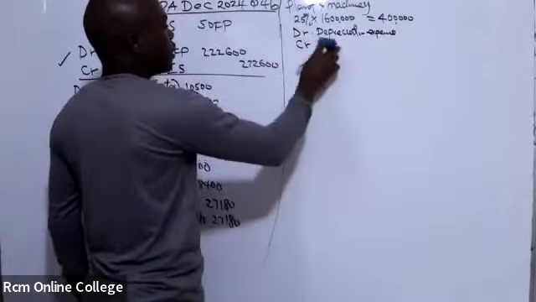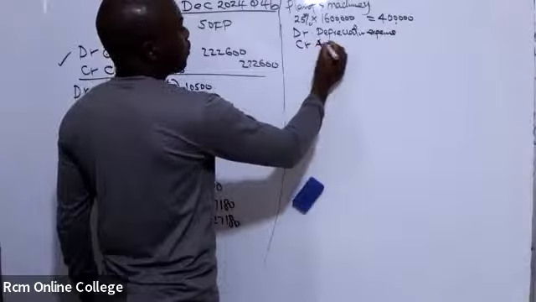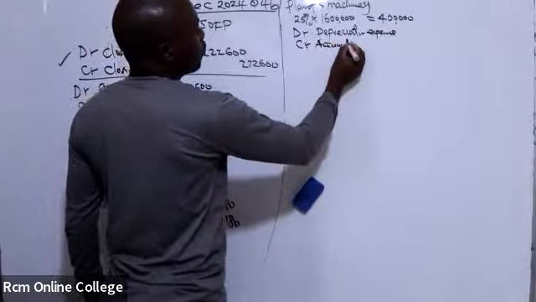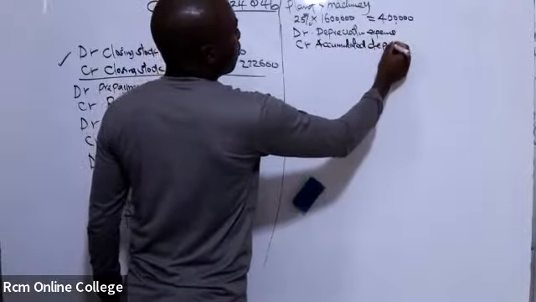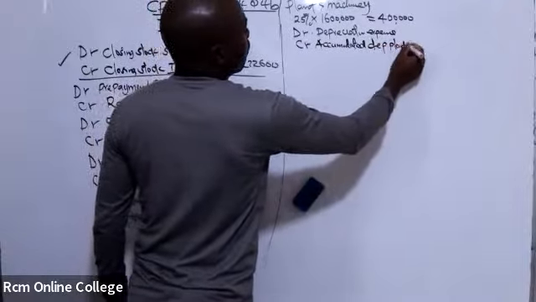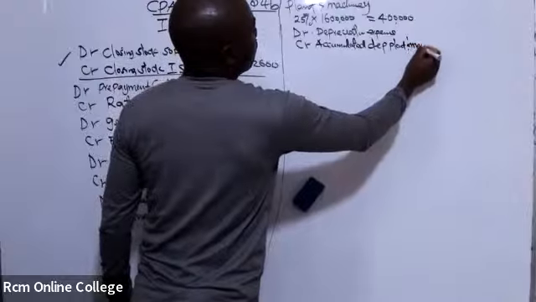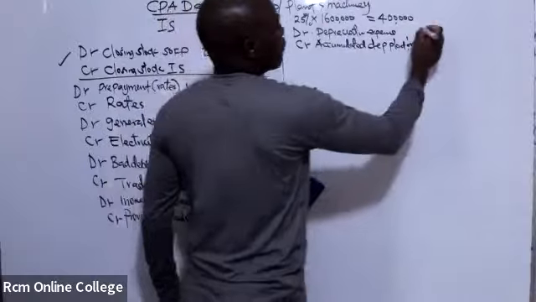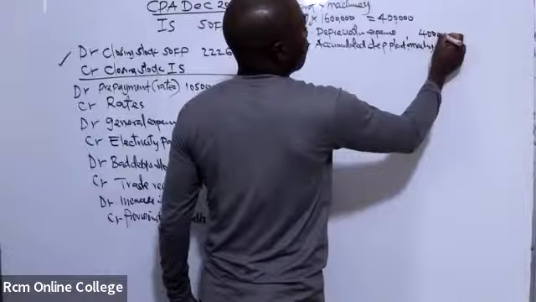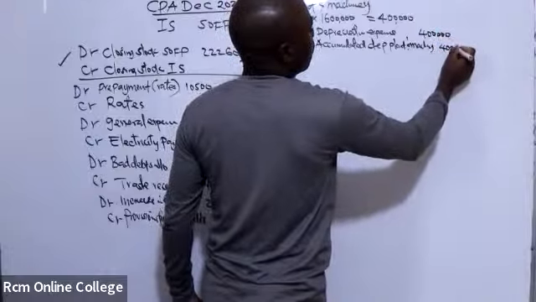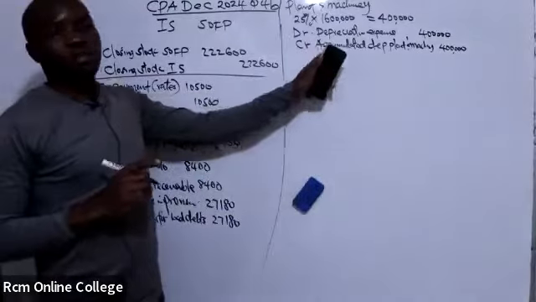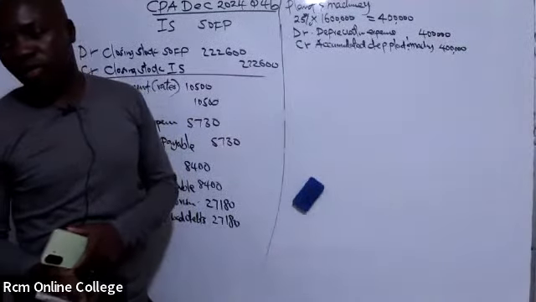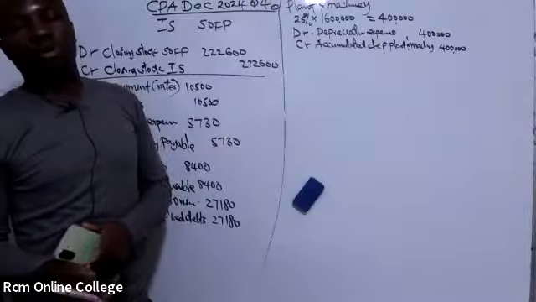In this question, they are calling it accumulated depreciation for plant and machinery with 400,000. It is the accumulated depreciation that will be affecting our plant and equipment cost.